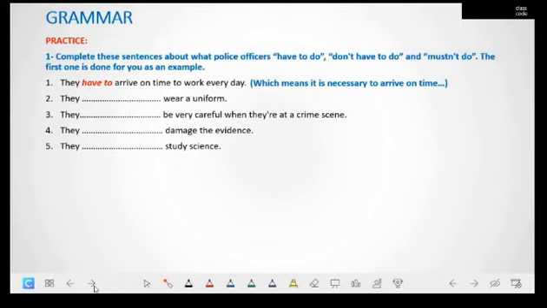Okay, we have another response from Sayyid Ali Fadil Adnan Shubbar. He says that have to mainly expresses general obligations, while must is used for specific obligations. For example, I have to brush my teeth twice a day.